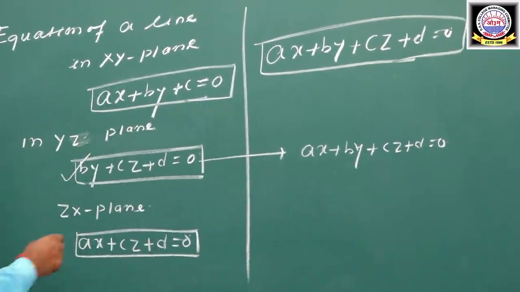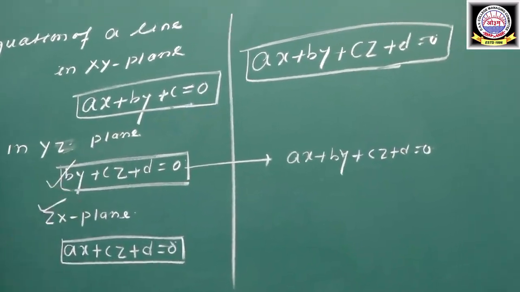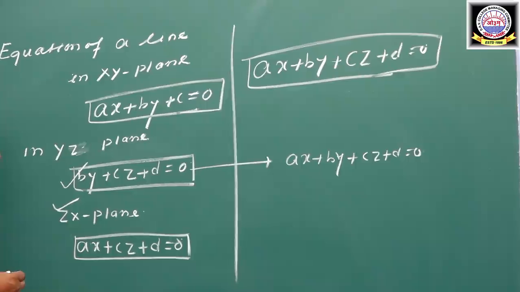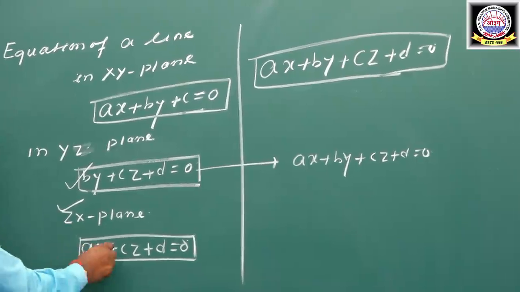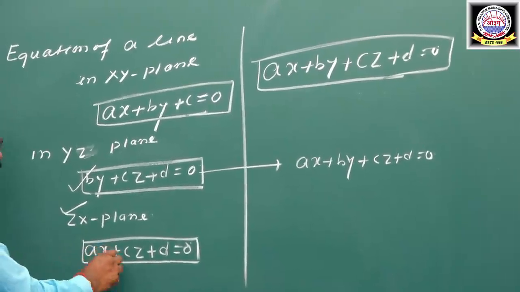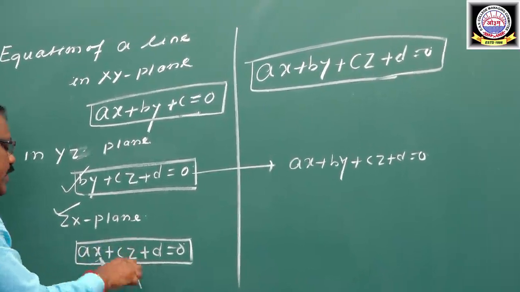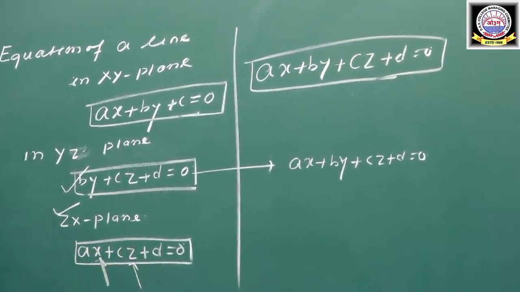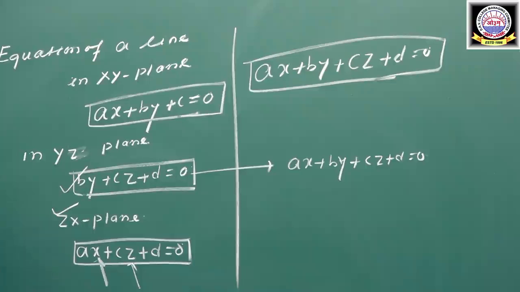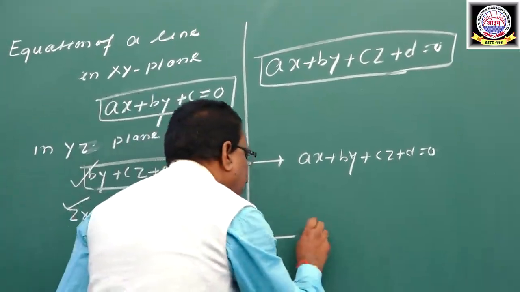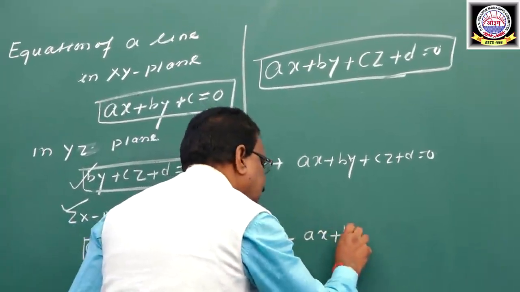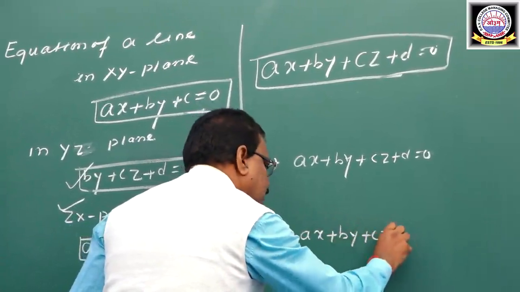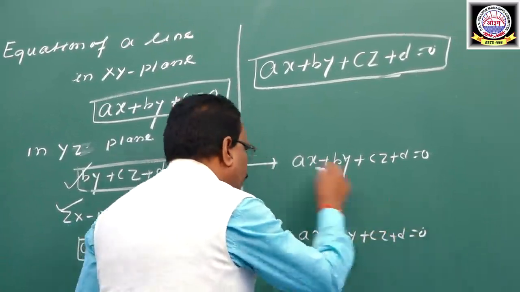Similarly, the line on the zx plane: each and every point already has the x coordinate and z coordinate. So which coordinate is lacking? The y coordinate. If I give the y coordinate to it, it also looks like this: ax plus by plus cz plus d is equal to 0.